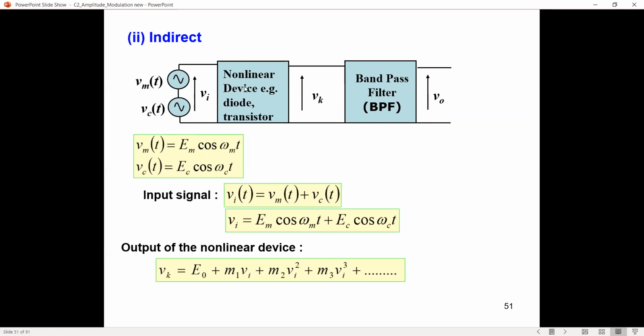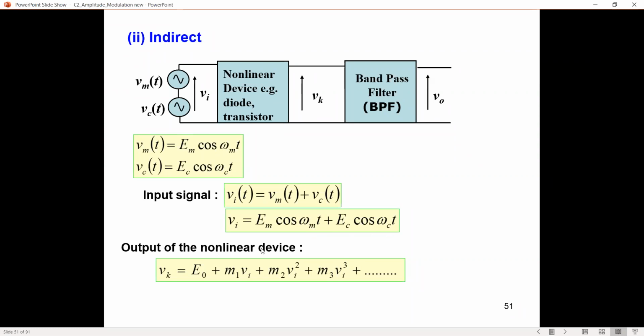And this nonlinear device normally has its own function, like a square law function. Here our input is VMT plus VCT, where VMT is EM cos omega MT and VCT is EC cos omega CT.